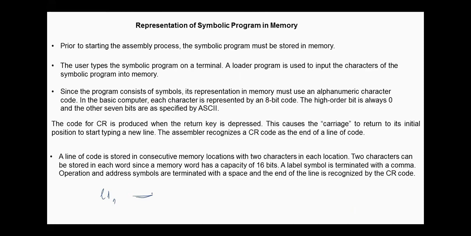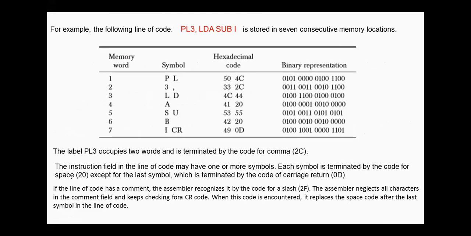Operation and address symbols are terminated with a space, and the end of the line is recognized by the carriage return code. For example, the following line of code is stored in 7 memory locations. Location 1 has the ASCII code for the letter B, next 33 for the digit 3, comma 2C, then C, D 44, A 41.